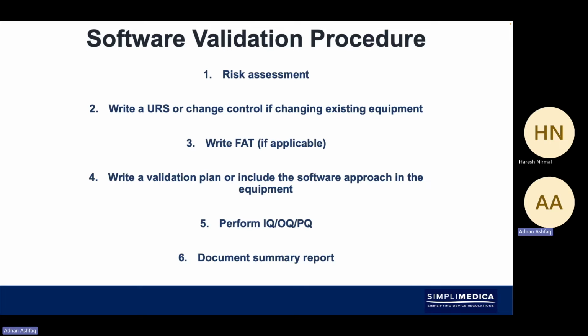We will write a validation plan or include the software approach in the equipment, and also then perform an IQ, OQ, PQ, and then document the summary report. This is a very basic format of validation. It's not looking at the details, which we'll come on to, which have a more challenging approach, which is why we're trying to look at this as a balanced approach, which in terms of the FDA, we will call the least burdensome approach.